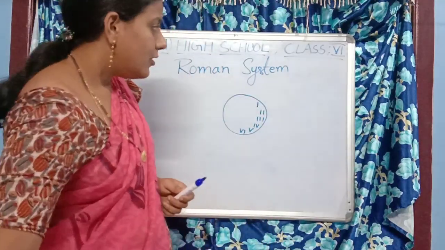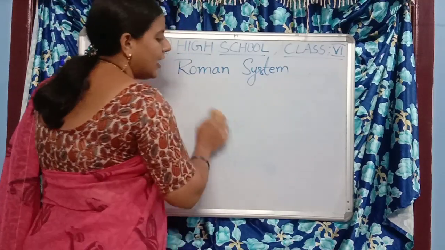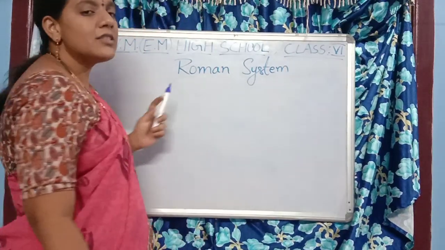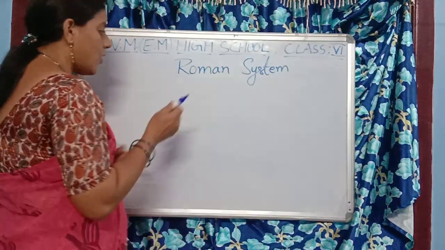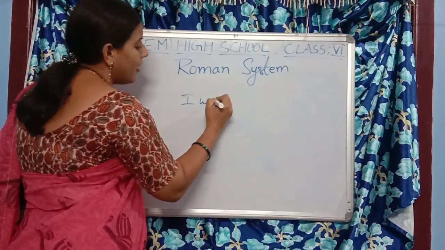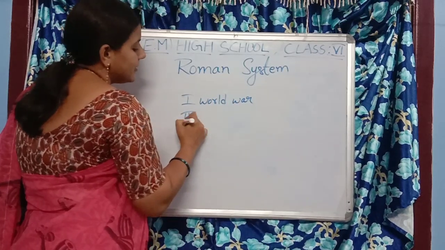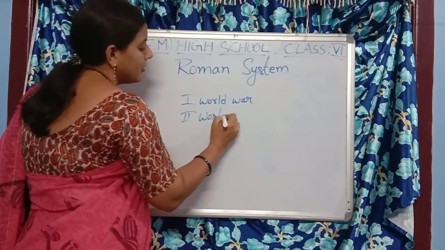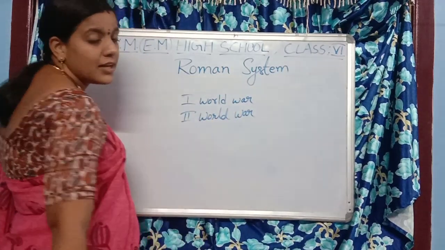And once all of you think, in our daily life, where are we using this Roman system? In social studies, First World War, Second World War. You have learned about this, yes or no?